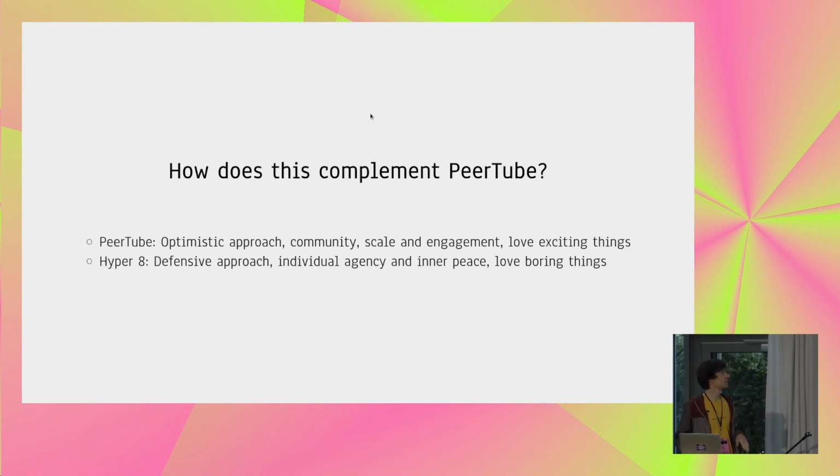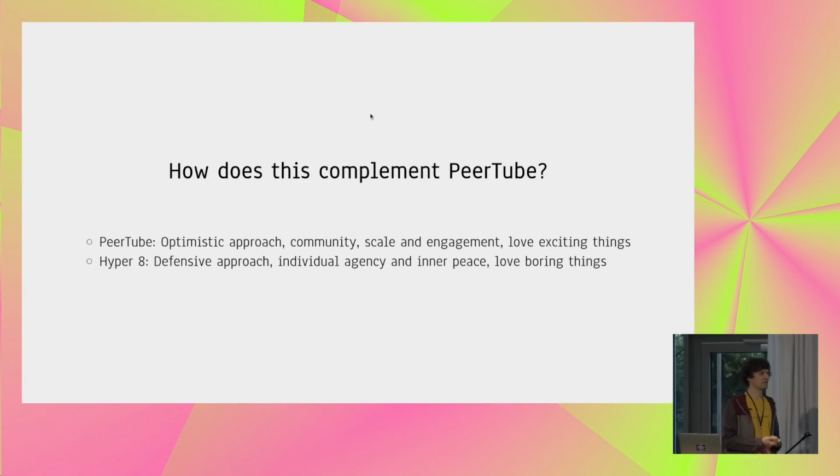And then one last thing, how does this relate to, or as I would actually say, complement PeerTube? So a bit of a yin-yang thing here. I think PeerTube has a very optimistic approach. It's all about forming communities, also scaling a bit, and a lot about engagement, being able to comment and all that. I think it's great for people who love exciting things too, which is, I think, a majority in the population, I would argue.